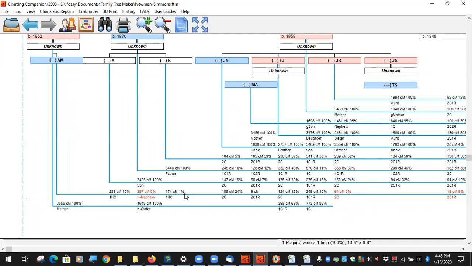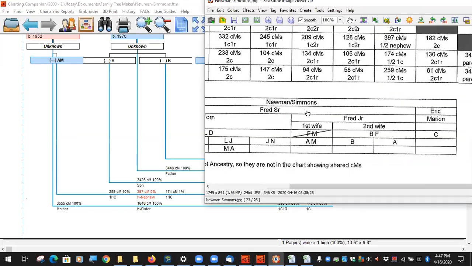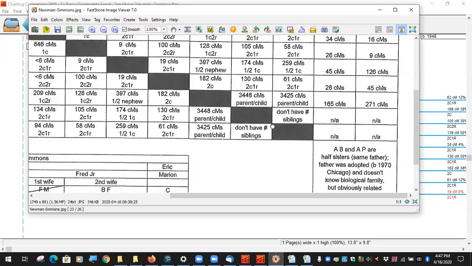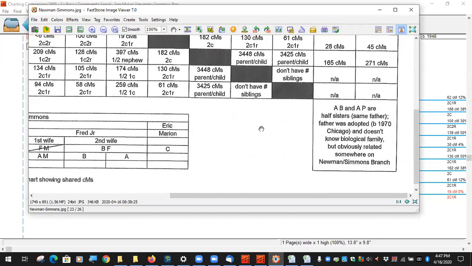But now the conundrum is when we do the simulator, because if we go back here, the whole situation here is, let me slide this over. We're trying to find out where this A, B, and AP fit in. And all they know is that they're half sisters. They share the same father.